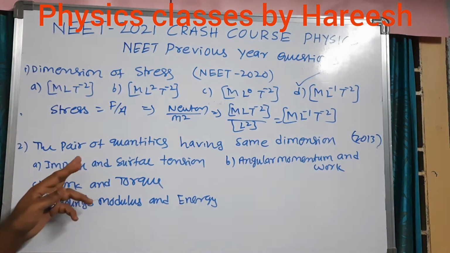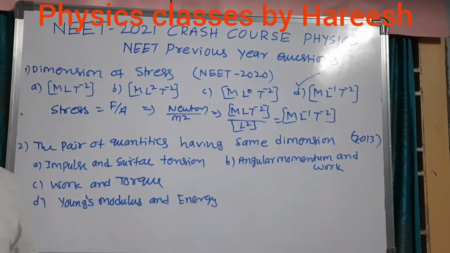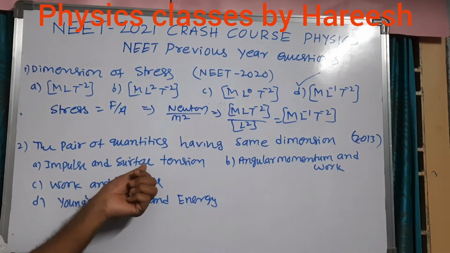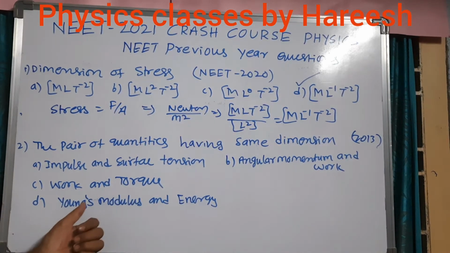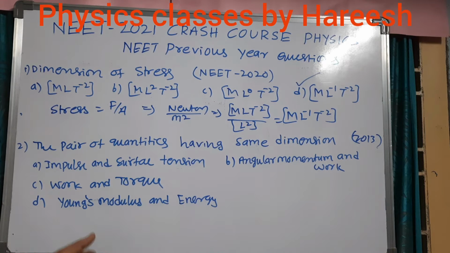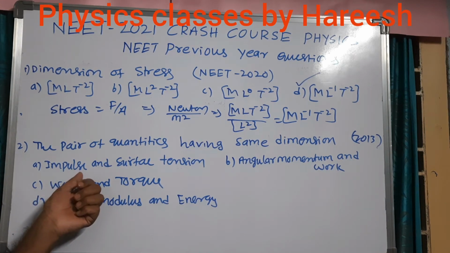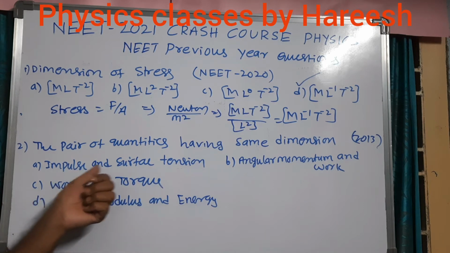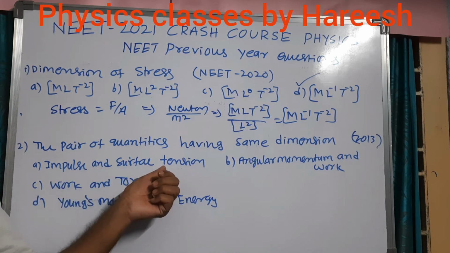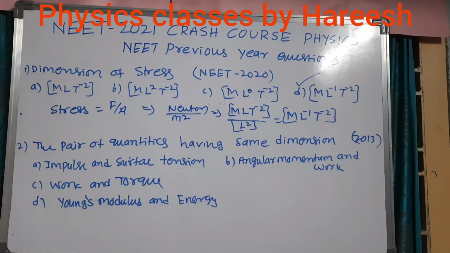Second question is the pair of quantities having the same dimension. Options are impulse and surface tension, angular momentum and work, work and torque, and fourth option is Young modulus and energy. Impulse is change in momentum. Surface tension is force per length. So impulse and surface tension do not have the same dimension.